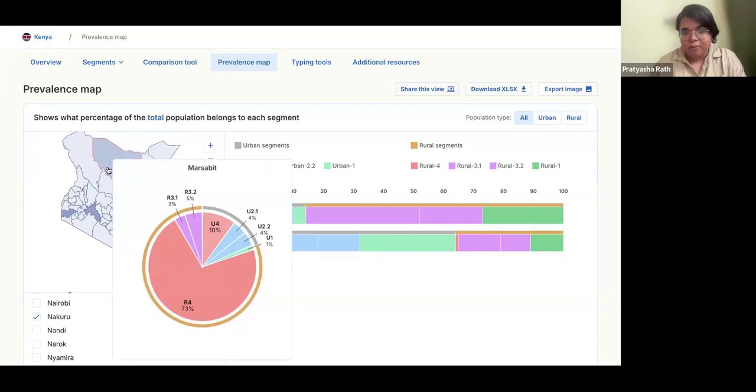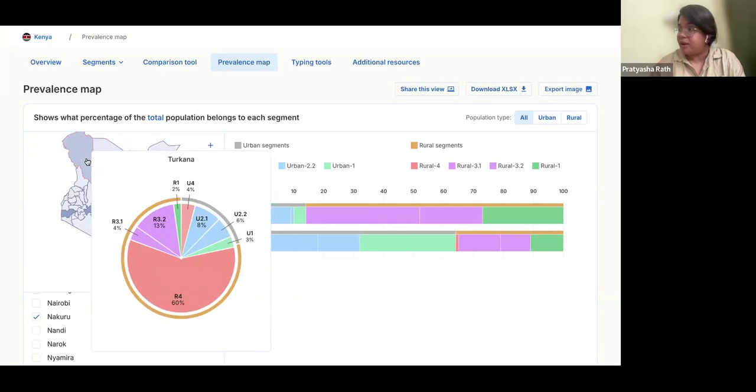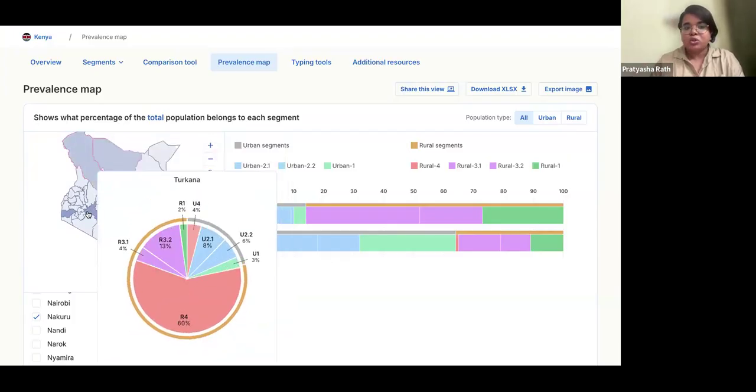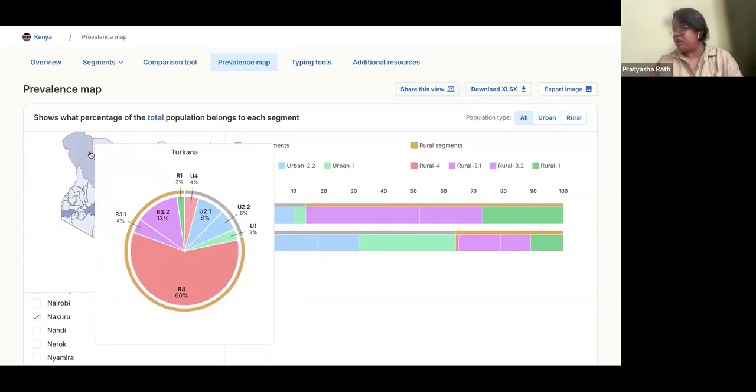If you look at Marsabit or you look at Turkana, which are in the northern part of Kenya, this is where you see a very strong concentration of the most vulnerable segments. So here, this 7% R4 at a country level is 60% of Turkana. It's 73% of Marsabit. So these are the states where the most vulnerable population largely resides.